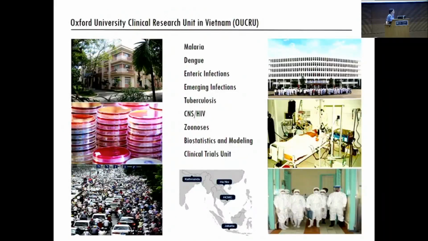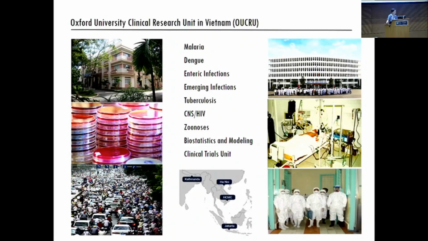I wanted to give you a little bit of an introduction to the Oxford University Clinical Research Unit. So here we are. That's the building, which is inside the hospital, and it's a clinical laboratory of the hospital. So we are a few steps away from the hospital, from patients.